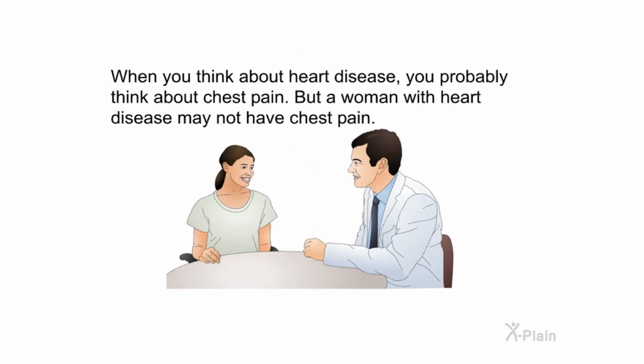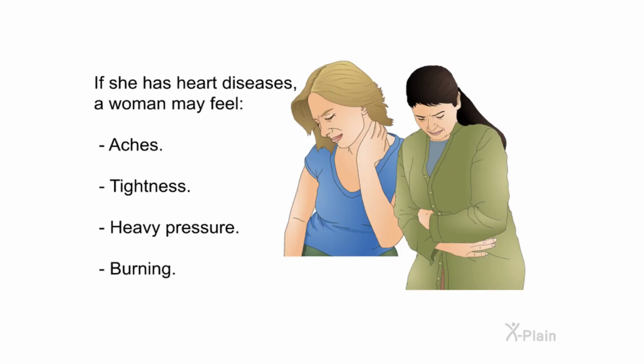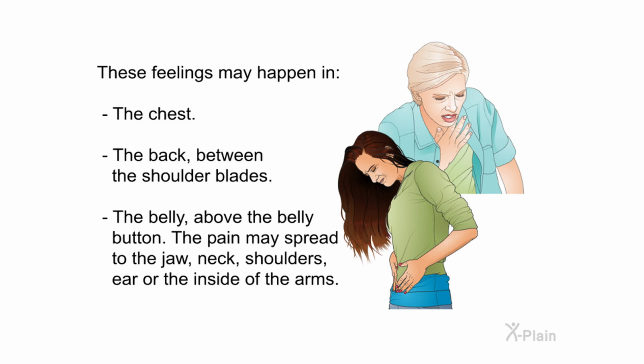Symptoms. When you think about heart disease, you probably think about chest pain, but a woman with heart disease may not have chest pain. If she has heart disease, a woman may feel aches, tightness, heavy pressure, burning. These feelings may happen in the chest, the back between the shoulder blades, the belly above the belly button.